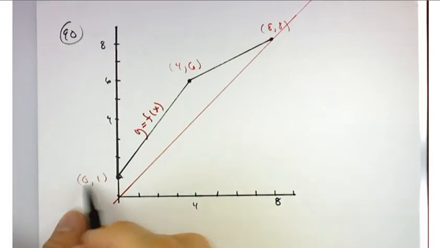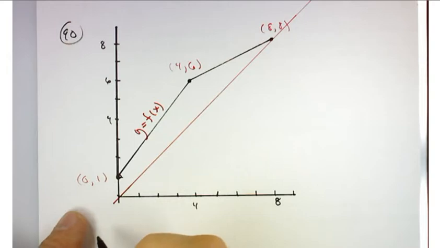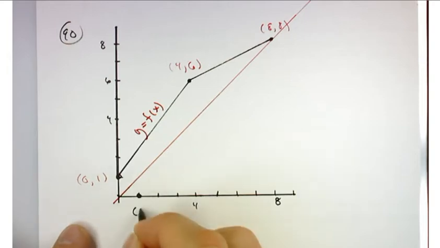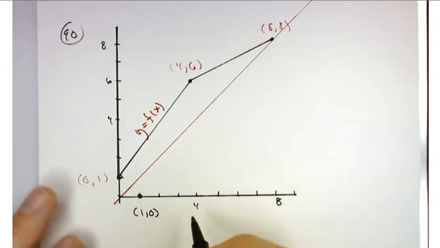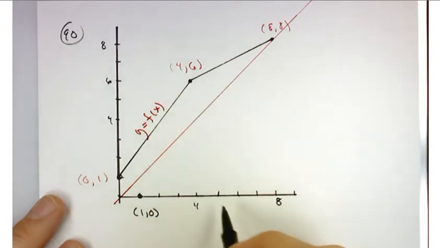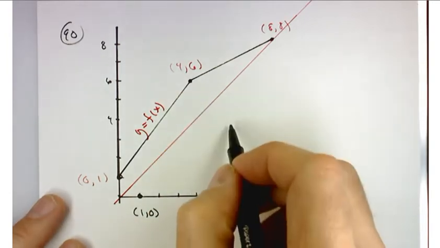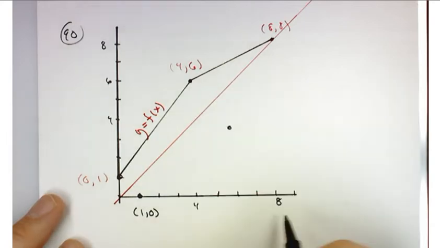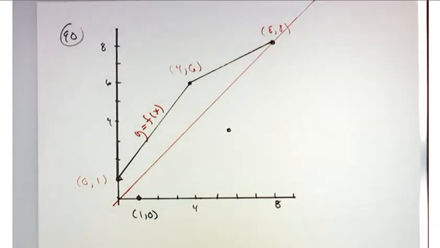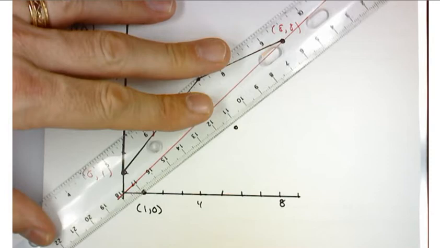Instead of 0, 1, what should I write? 1, 0. So that's here. Instead of 4, 6, I'm going to write 6 and 4. And 8 and 8 stays the same, right? In fact, any point on that line is going to stay the same. So here's my inverse.